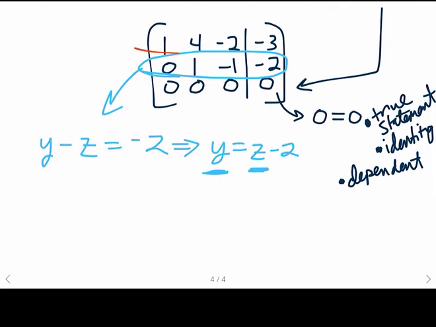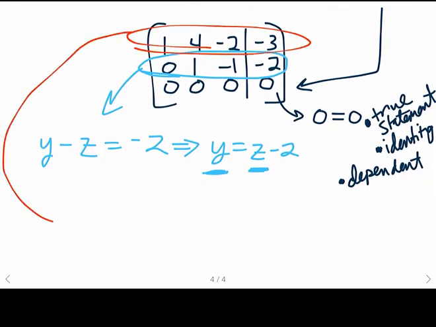I'm going to do so by writing down the equation represented by the first row. Guess what? Since we didn't change it, that's the first equation we had in the system anyway. It is x plus 4y minus 2z is equal to negative 3. Since we have y in terms of z, we want x in terms of z.